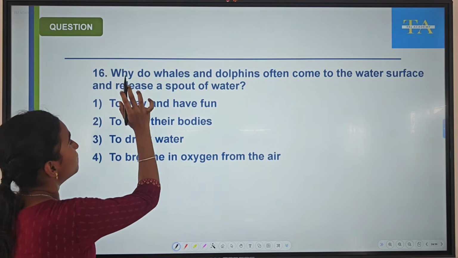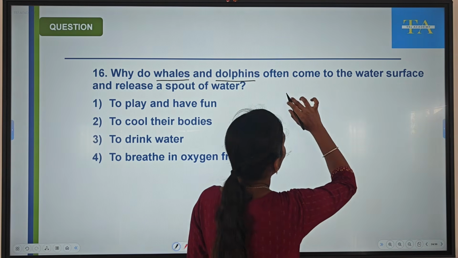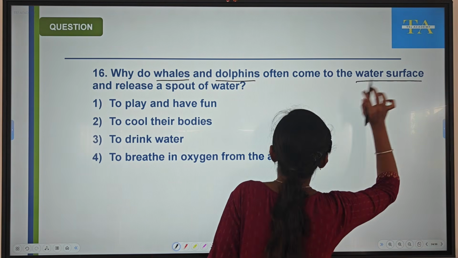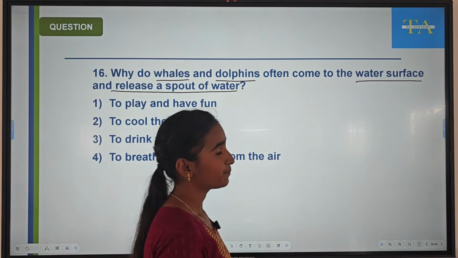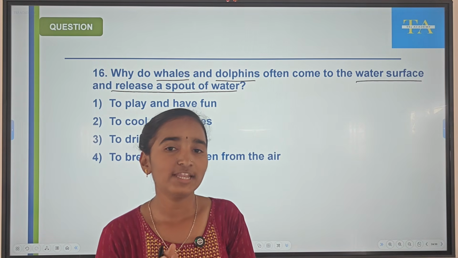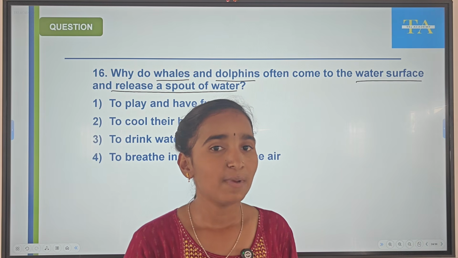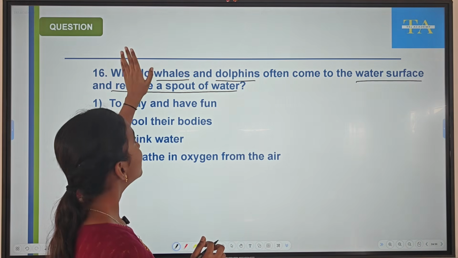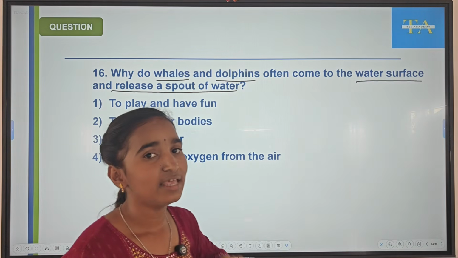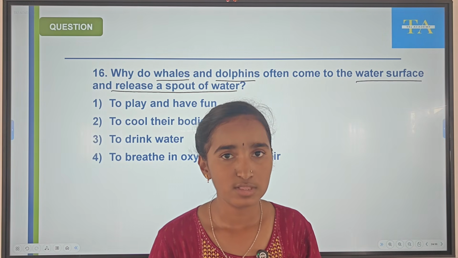Next question. Why do whales and dolphins often come to the water surface and release a spout of water? How do aquatic organisms respire? Through gills. They will take the dissolved oxygen from water. But some organisms like whales and dolphins cannot get a sufficient amount of oxygen from the dissolved oxygen.